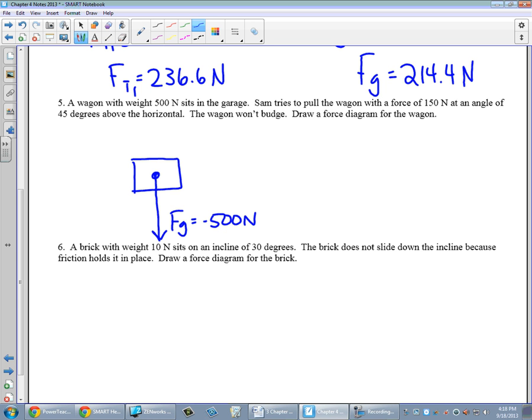Then we've got Sam pulling with an applied force of 150 newtons, and that angle is 45 degrees. So what happens here is FA has components.